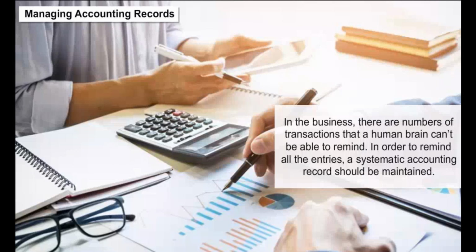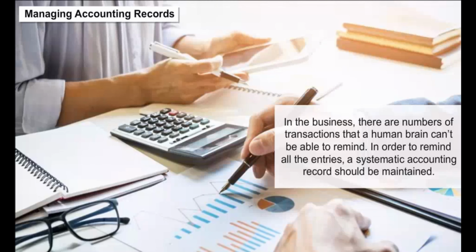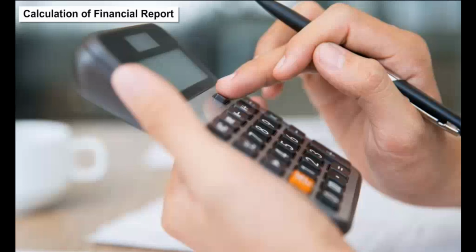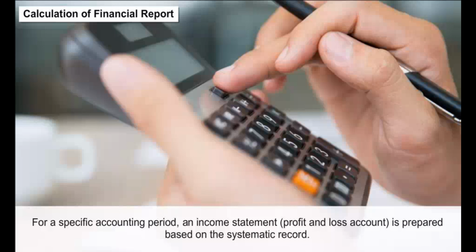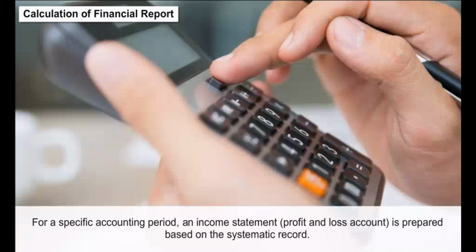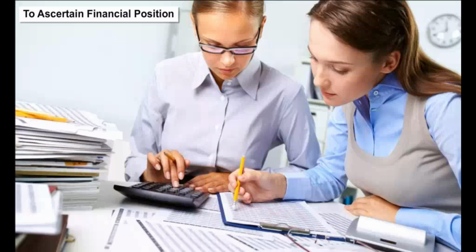In order to remember all the entries, a systematic accounting record should be maintained. Calculation of financial report. For a specific accounting period, an income statement and profit and loss account is prepared based on the systematic record to ascertain financial position.